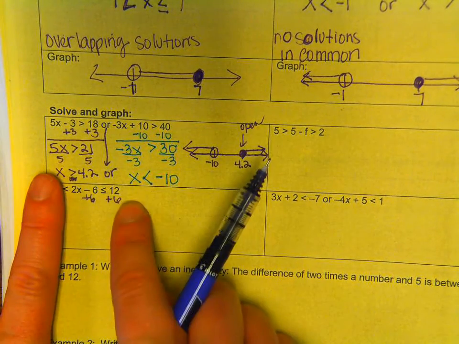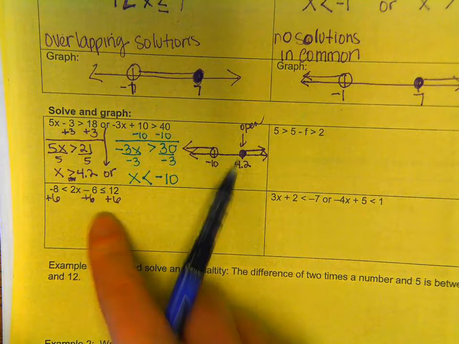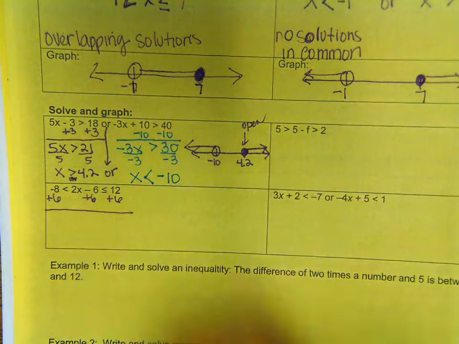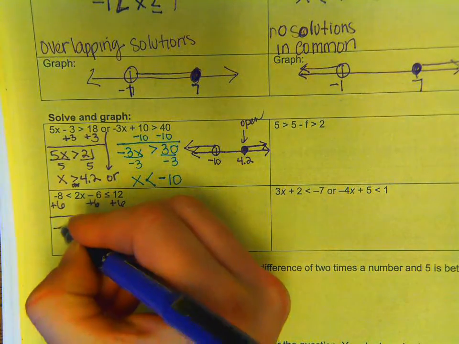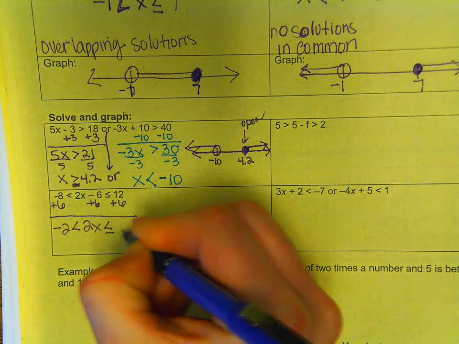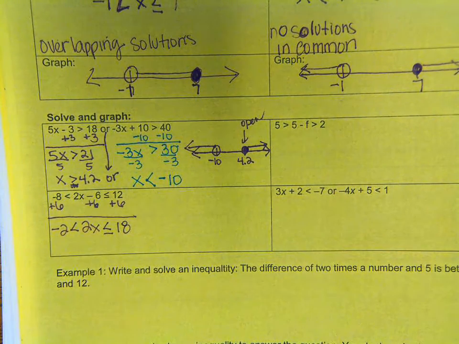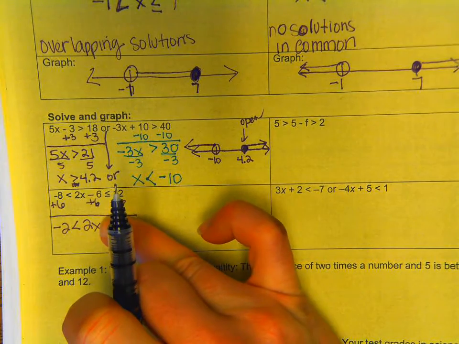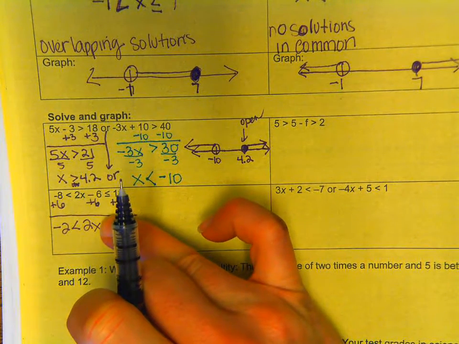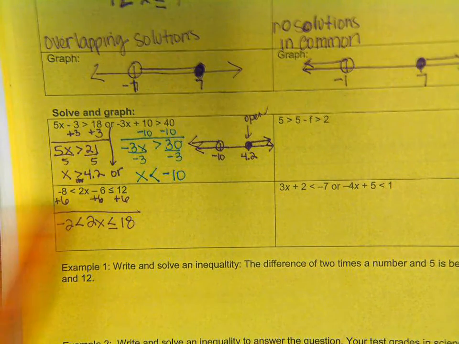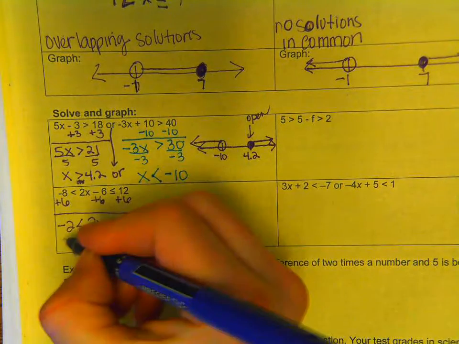So let's just do it all in one step. All right, so what is negative 8 plus 6? Negative 2. So now I have negative 2 is less than 2x is less than 18. Okay, what would I do to both sides? Divide by 2. And then I divide by 2. So with all three pieces, we're going to divide by 2.